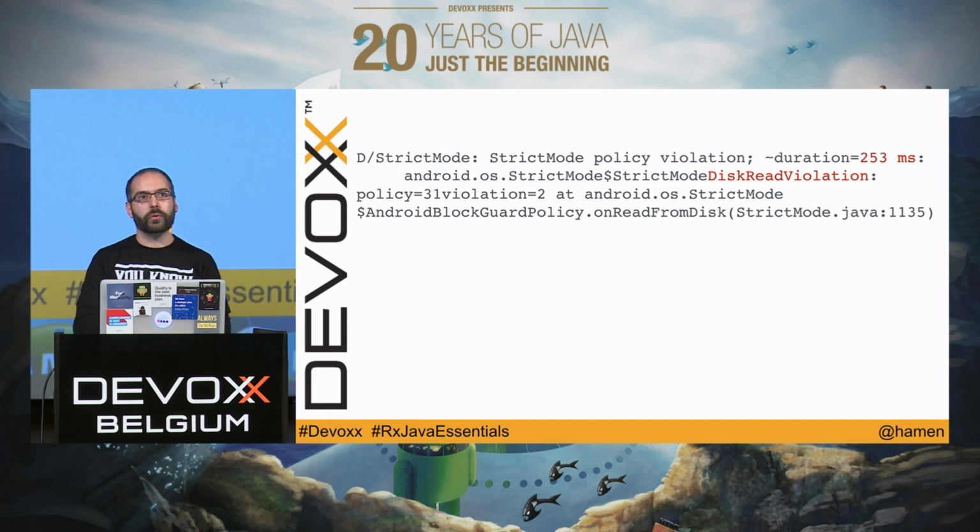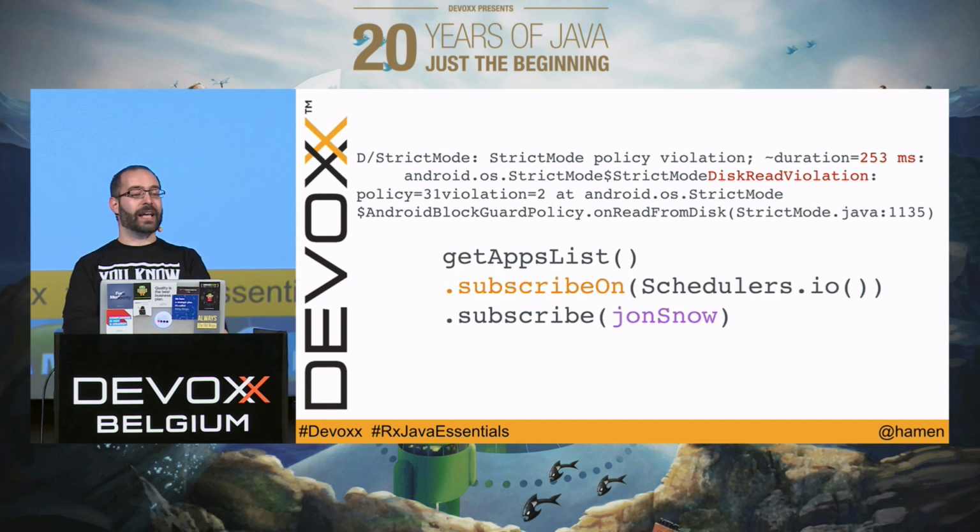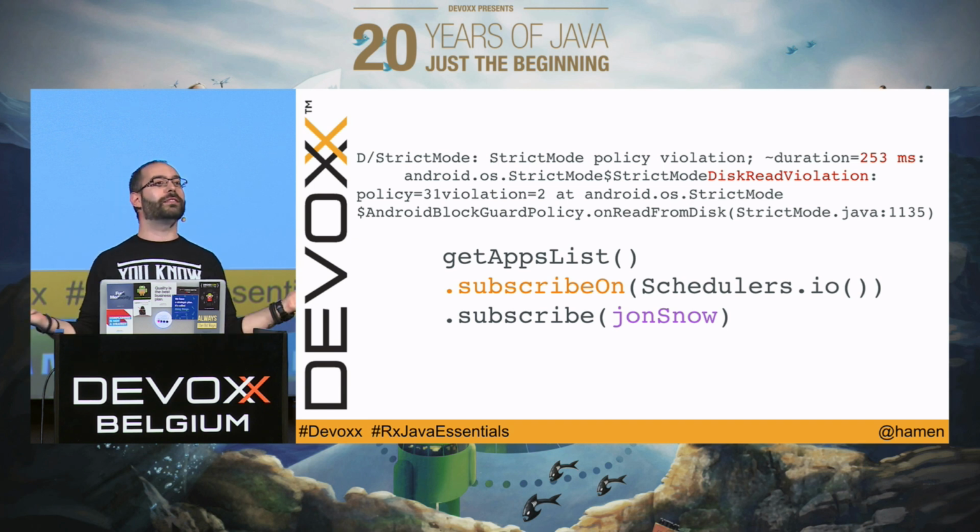How do we do it? We don't want to change much. We need to do the work on a different thread. Probably we could use async task. No. We have schedulers. We live in the RxJava world. We just subscribe on a different scheduler. Schedulers.io.